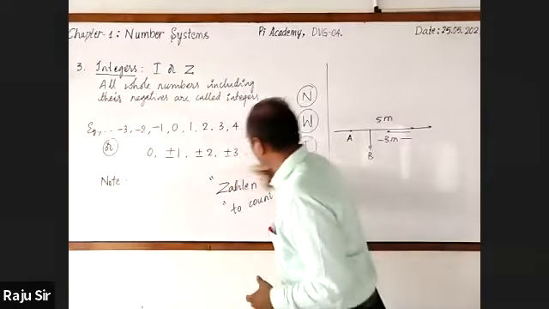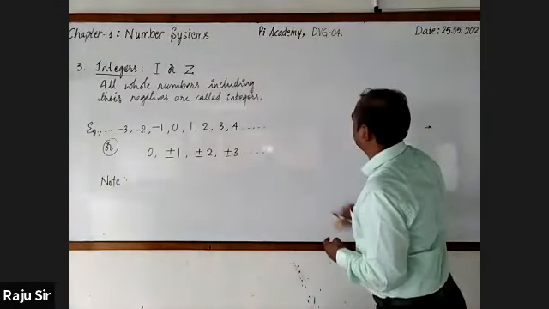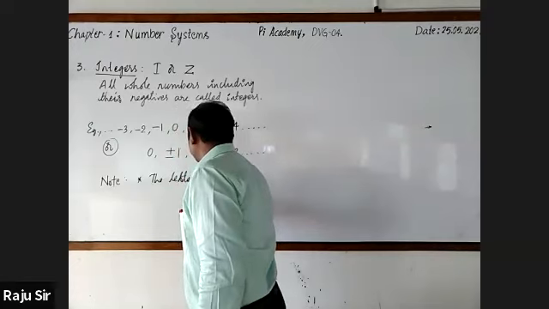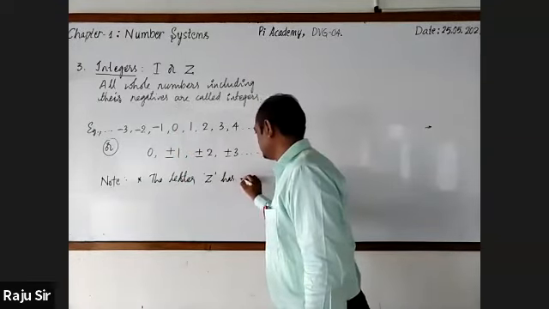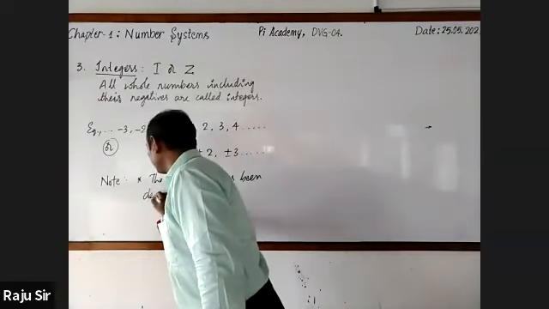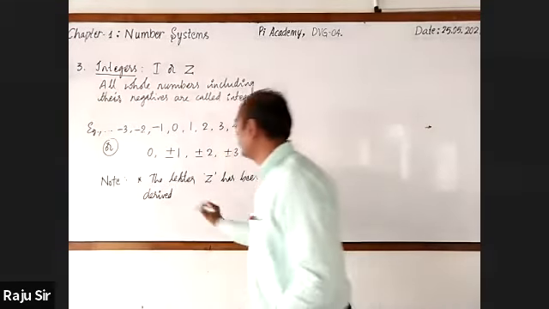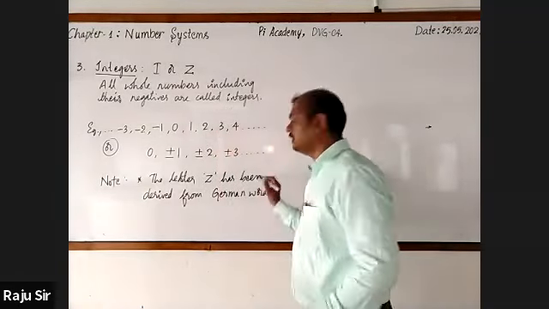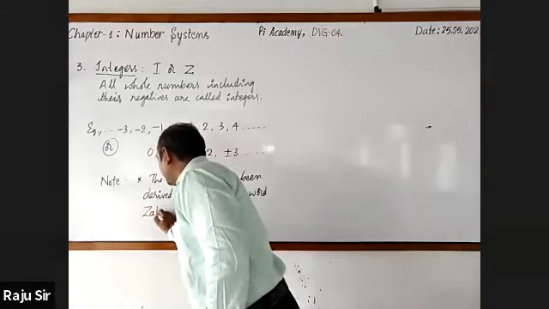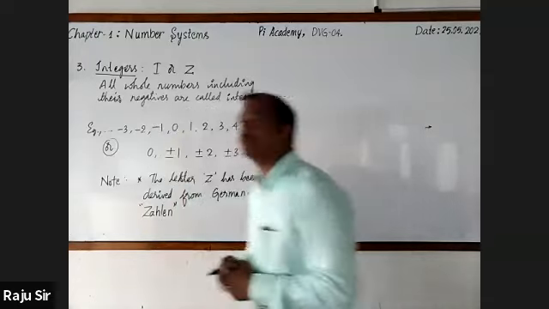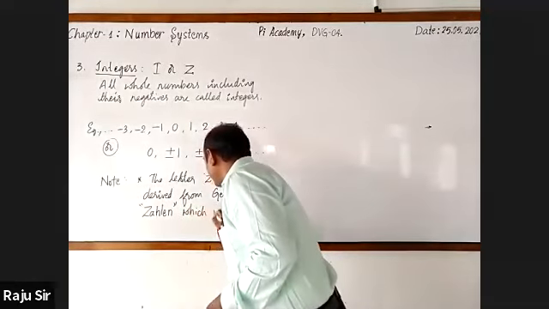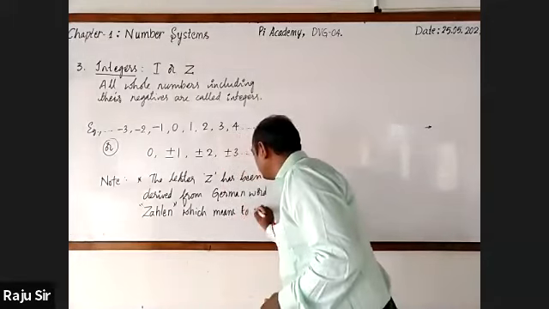Write in your notes that the letter Z has been taken from the German word "Zahlen", Z-A-H-L-E-N, in inverted commas, which means to count.